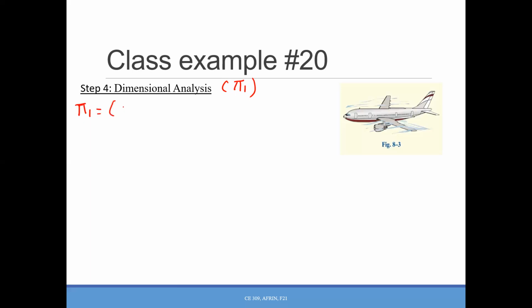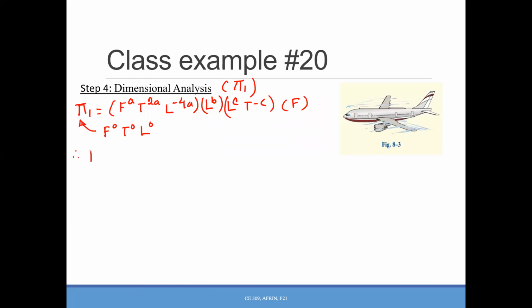It was F^A T^2A L^-4A, because F T^2 L^-4 to the power A, L B, L C T^-C, and F. Okay, and for this one it was F^0 T^0 L^0.